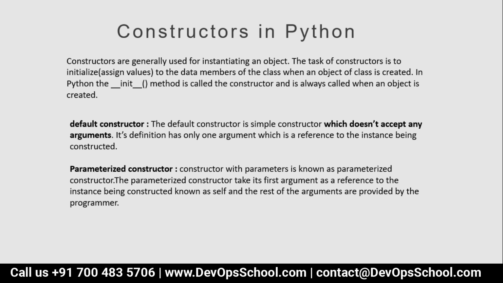Constructors are generally used for instantiating an object. The task of a constructor is to initialize and assign values to the data members of the class when an object of the class is created. In Python, the init method is called the constructor. This method is the default, and it gets called whenever you initialize any class.